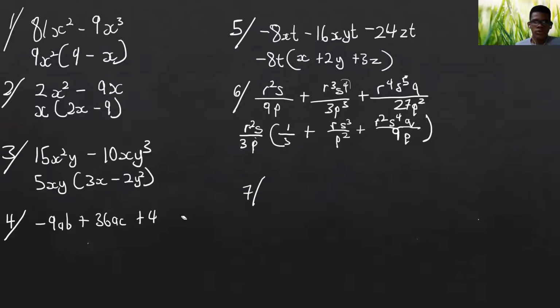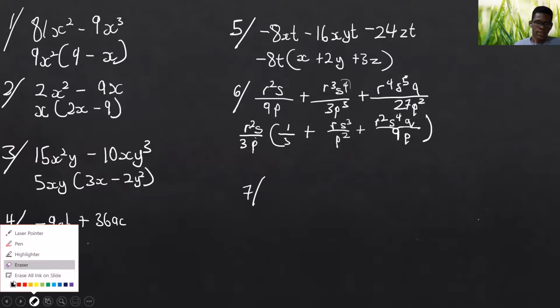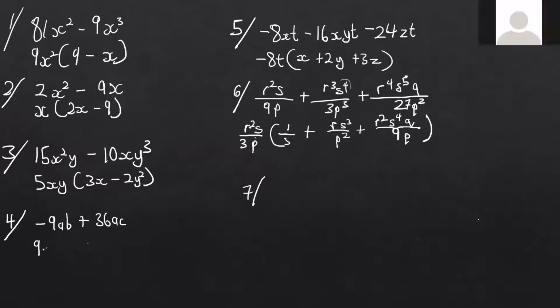But how about this? We'll change it up and just erase the problem child, right? The term was the problem child, so we erase it, and let's factorize this. 9 what? 9A, sir. 9AC?